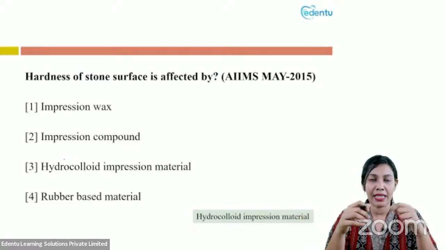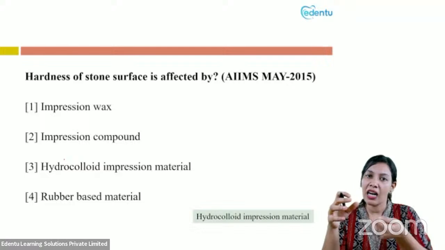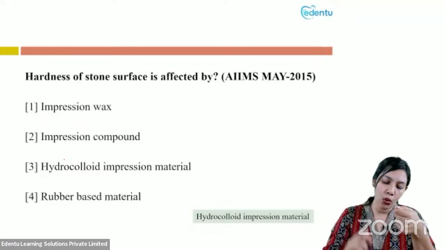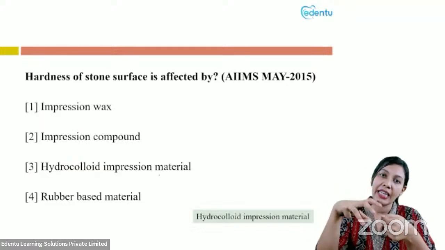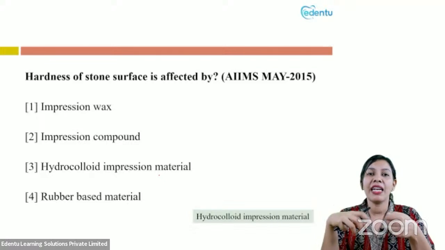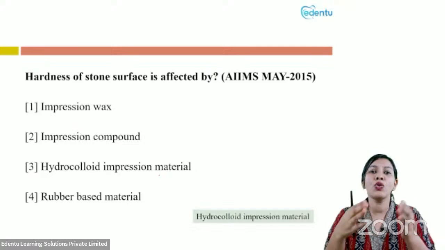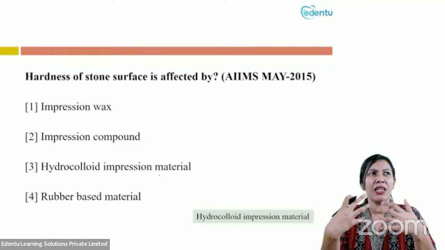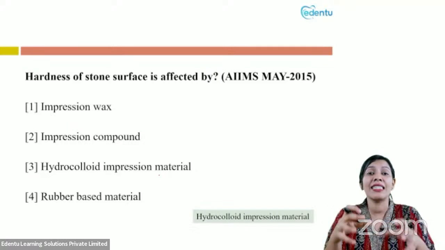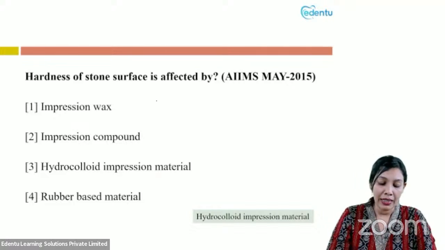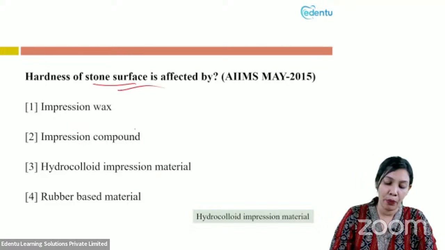When we pour the stone into the hydrocolloid impression material, the agar consists of agar particles and also borax. These two substances have a tendency to retard, stop or decrease the setting reaction of the stone which we pour. Hope you understood.